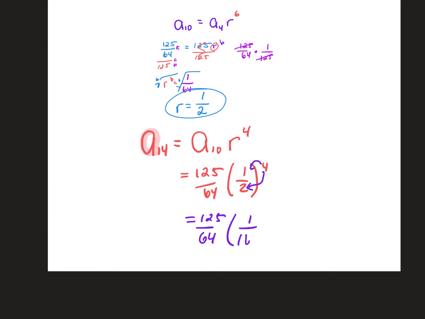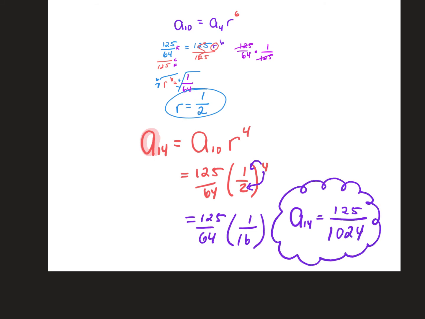Perfect, because remember that 4 goes to the numerator and to the denominator. You guys with me? So the 14th term of this sequence is 125 over, what's 64 times 16? 1024.